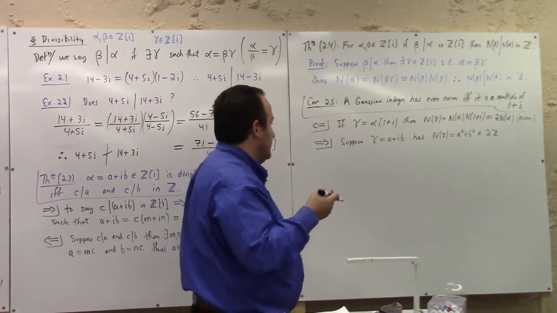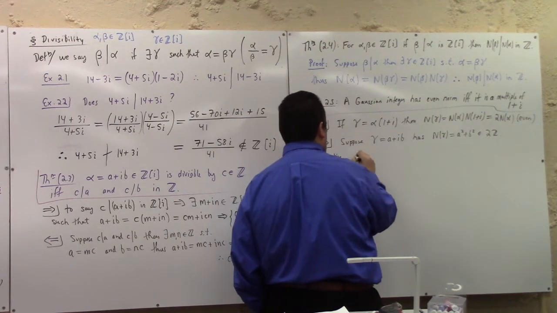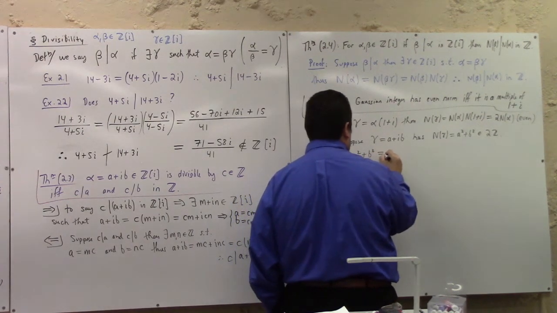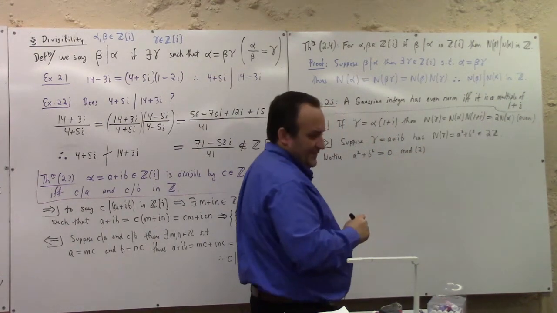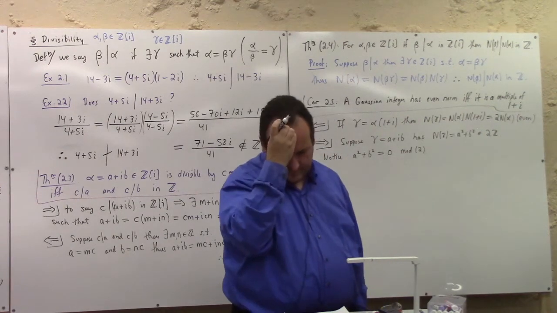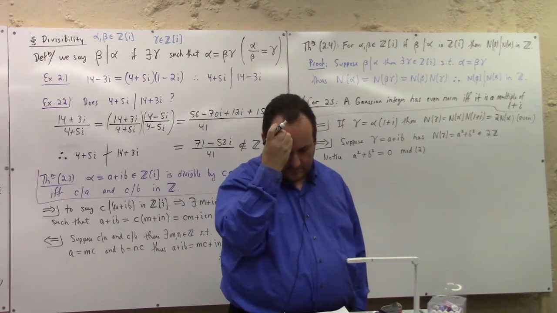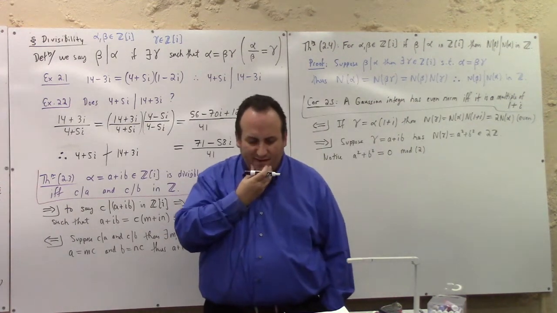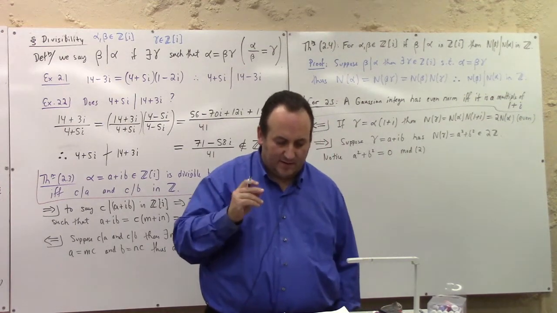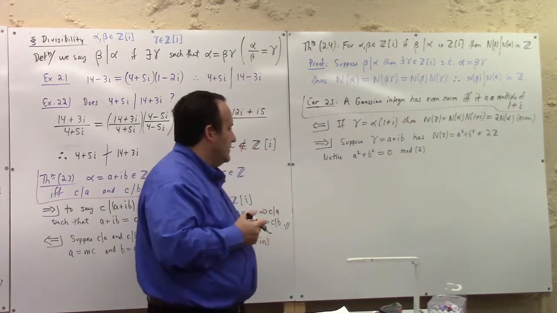Now he points out that a squared plus b squared equals 0 mod 2. And then he says, by taking cases, we see this means that a and b (he uses m and n, I'm changing his m and n to a and b) are both even or both odd. Let's think about that.